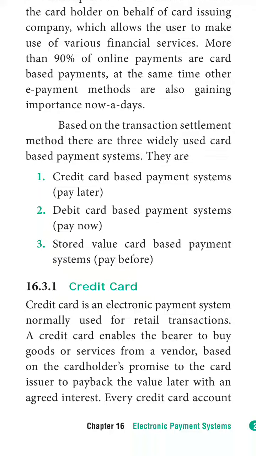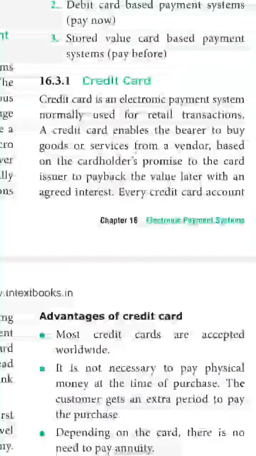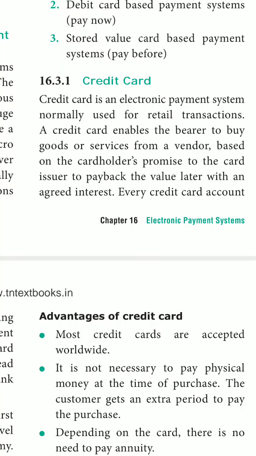Pay before. Okay. So credit card is the electronic payment system normally used for retail transactions. The credit card enables the bearer to buy goods or services from the vendor based on the cardholder's promise to the card issuer to pay the value later at the agreed interest.